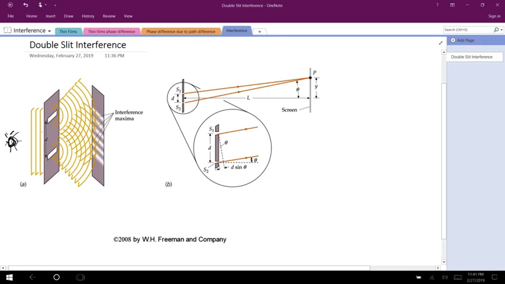The light is allowed to pass through two slits in this screen, and these two slits are separated by a distance d. And then further away, at a horizontal distance l from the slits, that's where a screen is located.